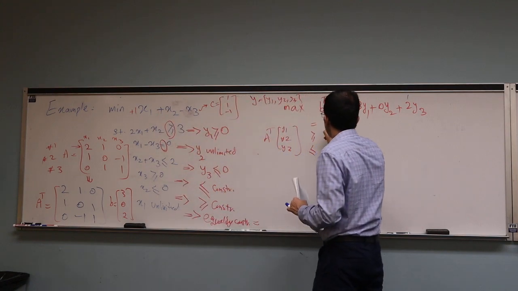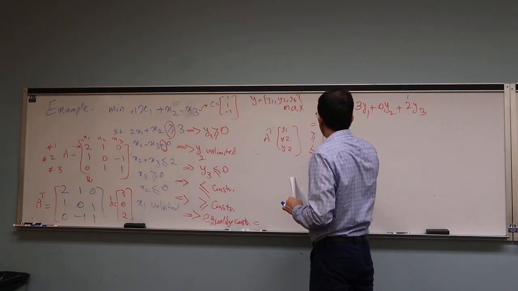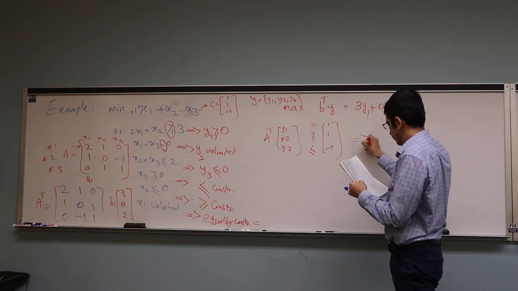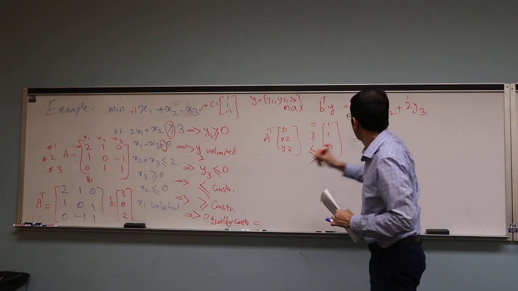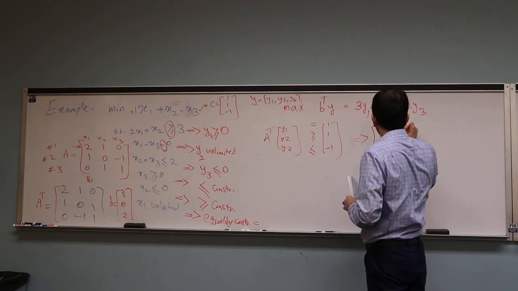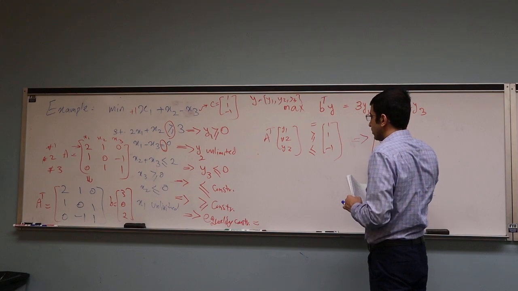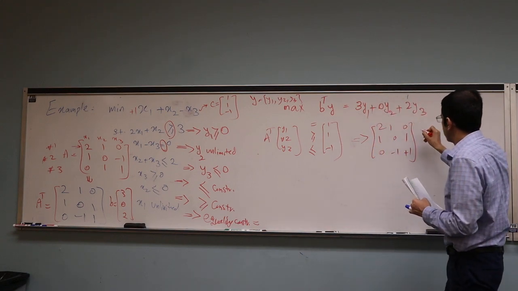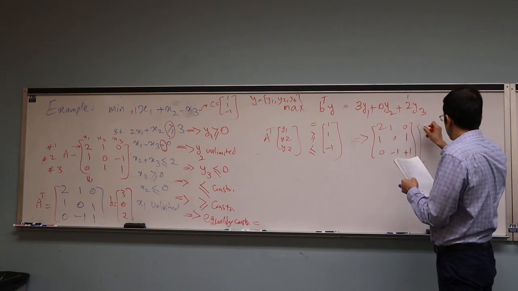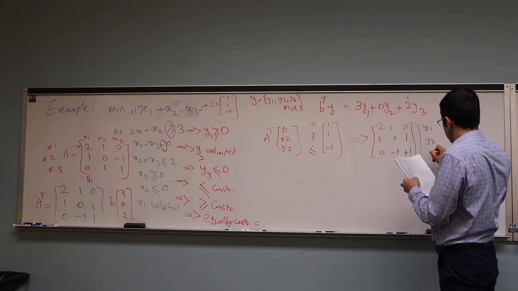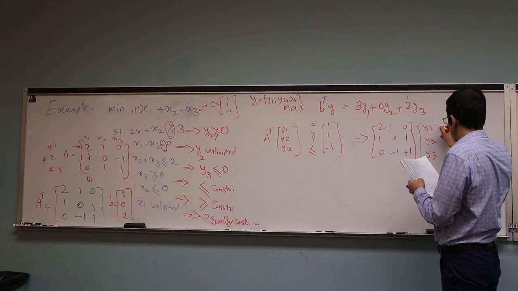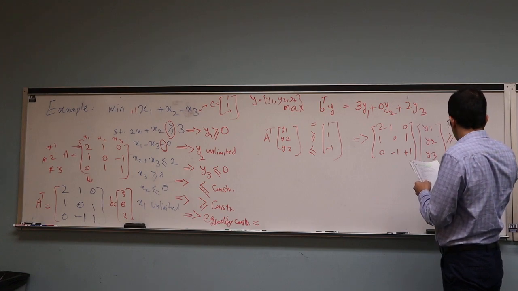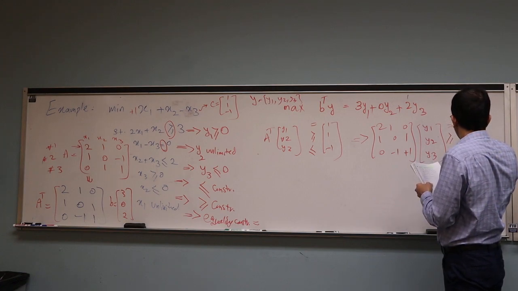So you already have C, 1, 1, negative 1. So we have 2, 1, 0, 1, 0, 1, 0, negative 1, multiplied by Y1, Y2, Y3 is equal, greater than equal, less than equal to 1, 1, negative 1.